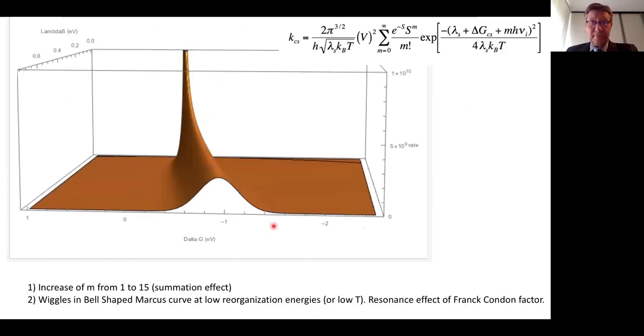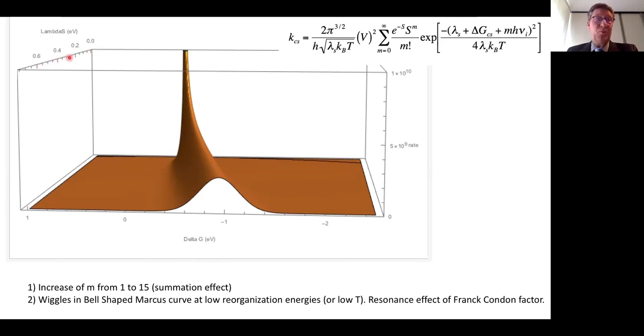Okay, now we begin exploring the depth of the canyon. So here we see a 3-dimensional representation of the classical Marcus expression. On the z-axis, that is the rate as a function of the driving force, the delta G, on the x-axis, and on the y-axis we have the solvent reorganization energy.